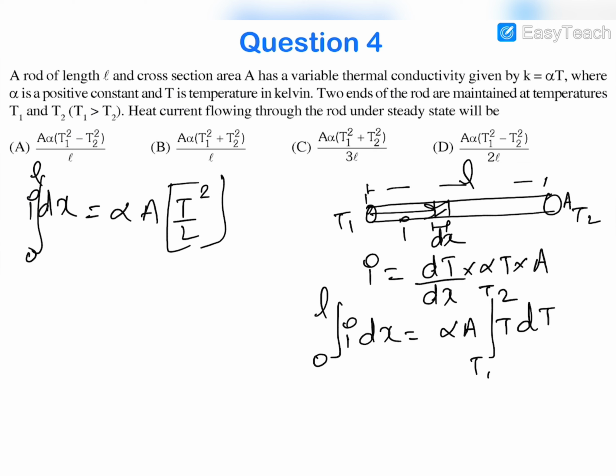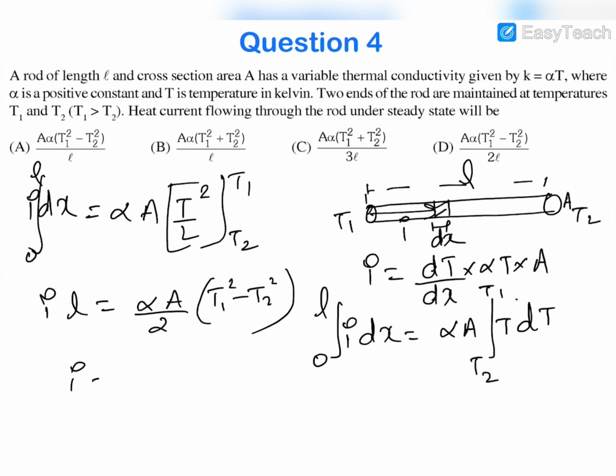Obviously we know that this heat current would be positive, so we are taking the mod. So IL is equal to alpha A by 2 into t1 square minus t2 square. So I will be equal to alpha A by 2L into t1 square minus t2 square. So the correct answer will be the second, in fact D option. Now we move on to the next question.